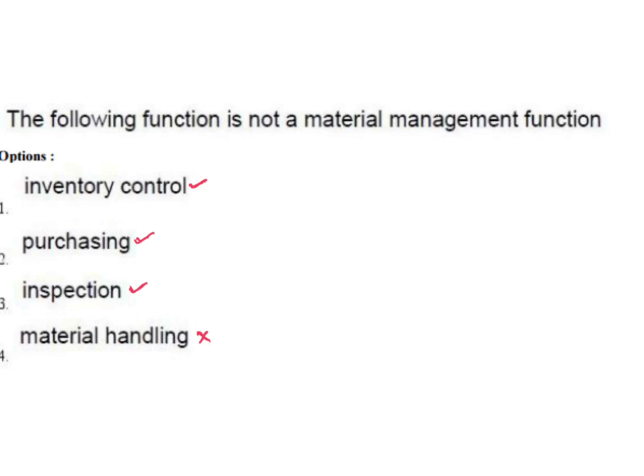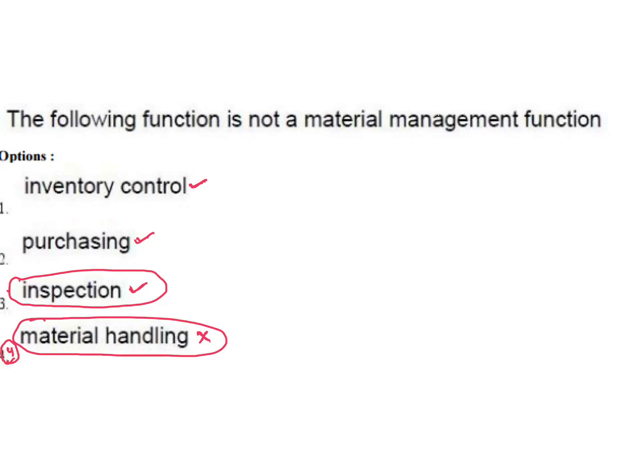So 4 is the answer. But in some books you will get inspection as the answer also, so I have some doubt whether it's inspection or material handling. In my opinion, material handling is the answer. If anyone gets a different answer, please comment.